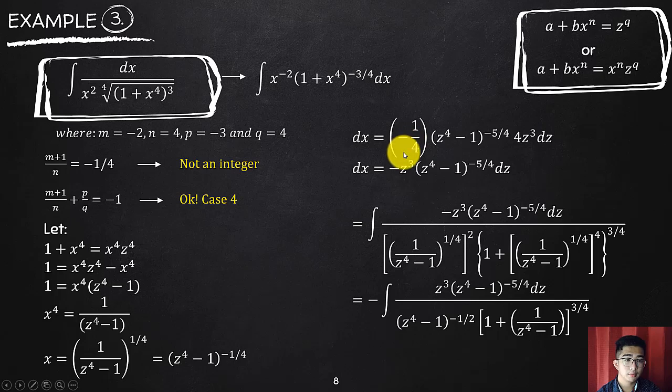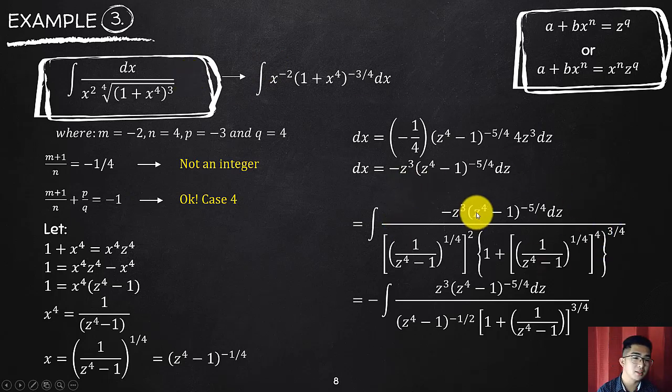Therefore, you get negative z cubed multiplied by z raised to 4 minus 1 raised to negative 5/4 dz. This is now your dx. If you now have an expression for x and an expression for dx, substitute this to the original problem, and we have now this.